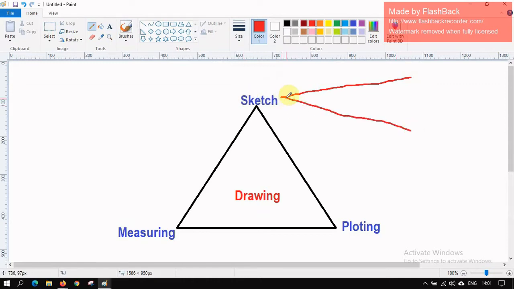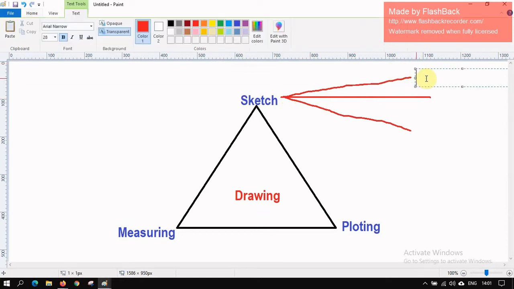So in sketch there are three things you have to keep in mind. One is point, line, plane. One more thing is solid.